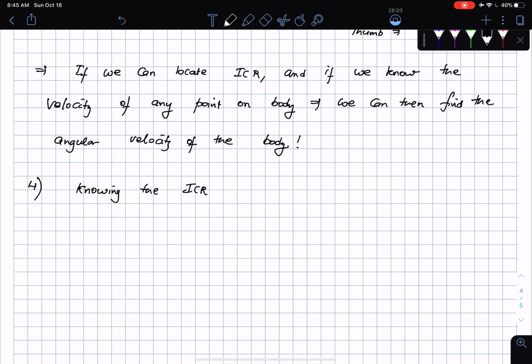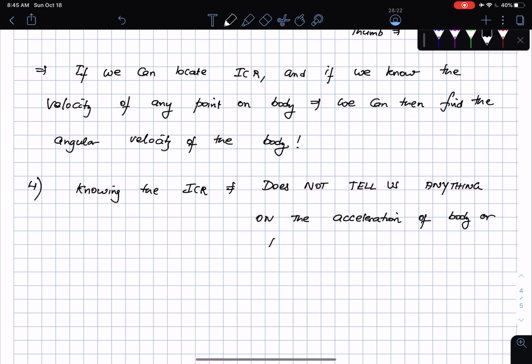the ICR does not tell us anything on the acceleration of the body or the point.